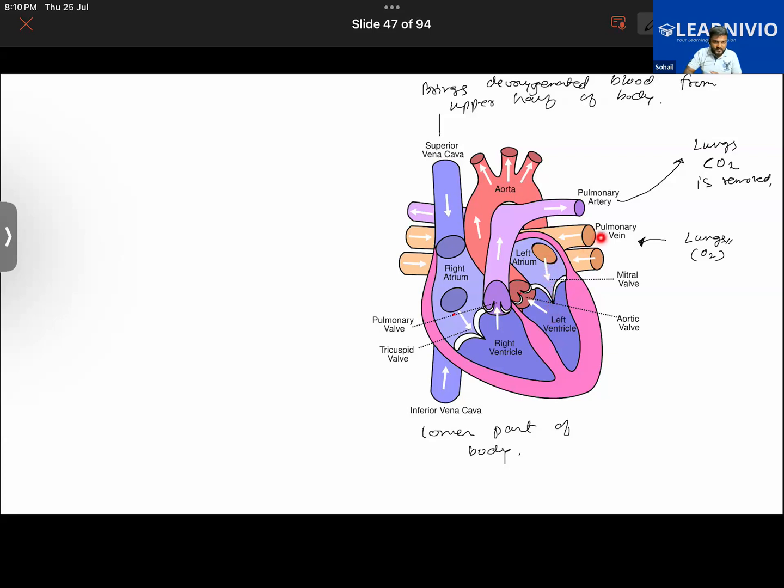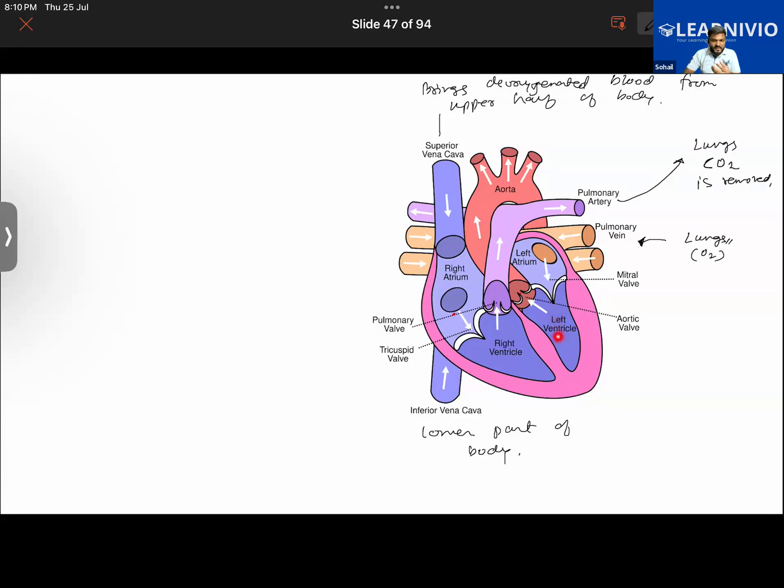So blood from the pulmonary vein goes into the left atrium, which squeezes, and the blood goes from the left atrium to the left ventricle. Then again the mitral valve will close for some time. When I say some time, it does not mean seconds or minutes. It refers to a very small fraction of a second, okay?